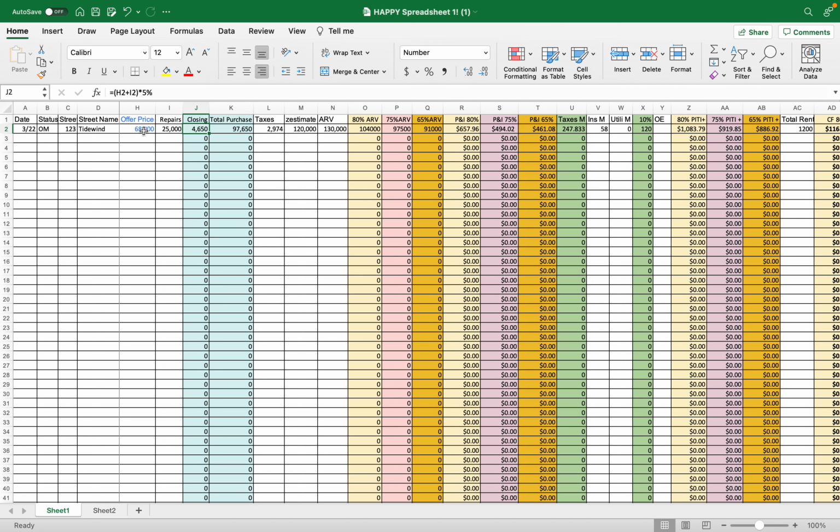So with that, offer price, repairs, and closing, it's $97,650. It's almost identical to this number. So now I know that that's pretty much my top number to make my offer.